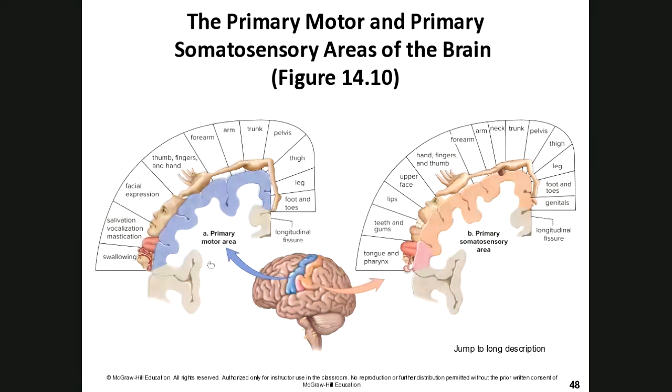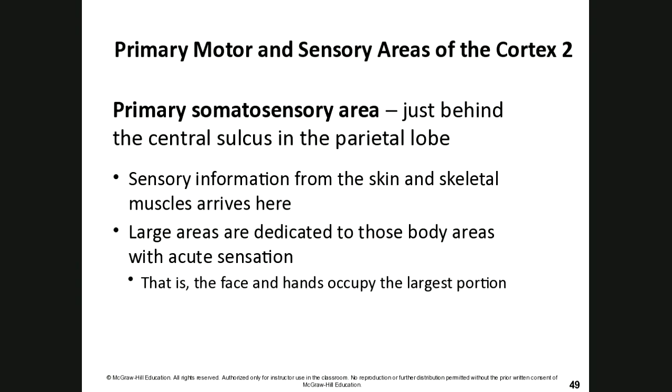Now if we go to the primary somatosensory area, these are places for your tongue and pharynx movement, teeth and gum sensation, lips and face, trunk, pelvis, thigh. They kind of mimic the same thing that's on the primary motor area. Right behind the central sulcus of the parietal lobe, you have the primary somatosensory area.